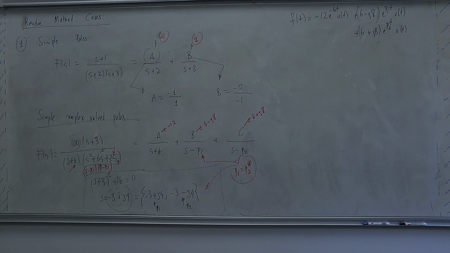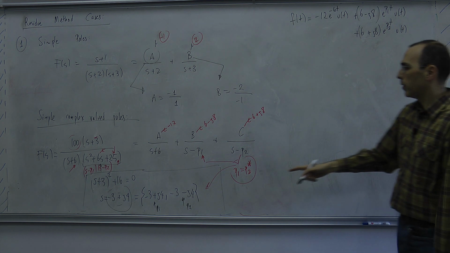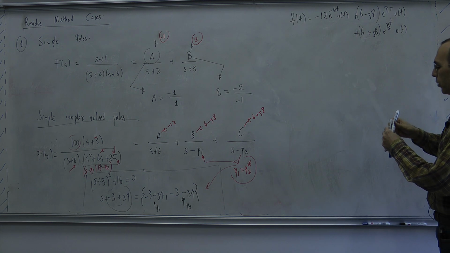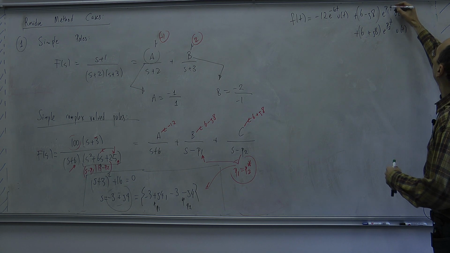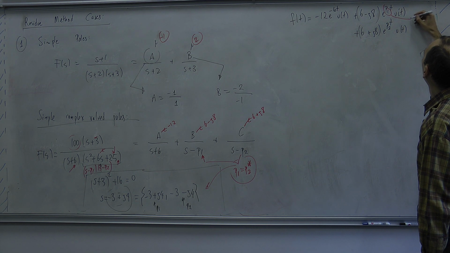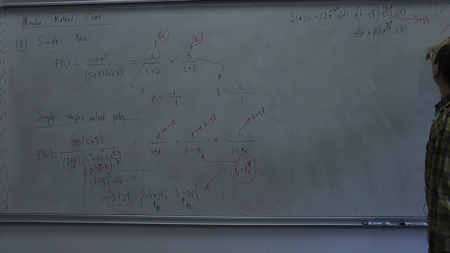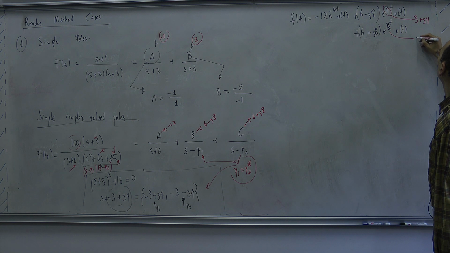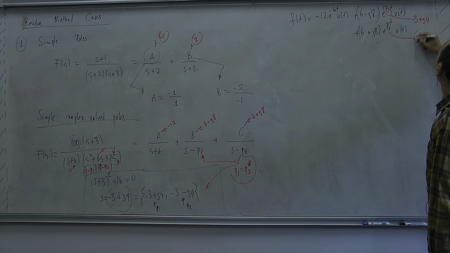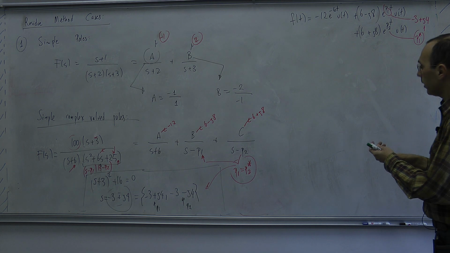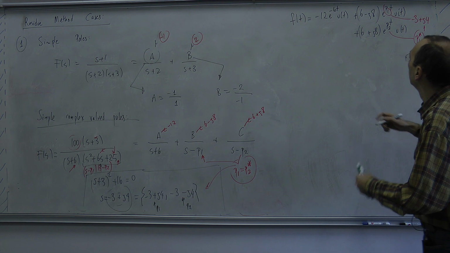Okay, now how can I process this a little bit more? So remember, p1 and p2 are like that. So maybe I should write what p1, p2 is. So let me write p1. p1 is minus 3 plus j4, and this is p1 conjugate. Okay, p2 is p1 conjugate. So how can I deal with this?